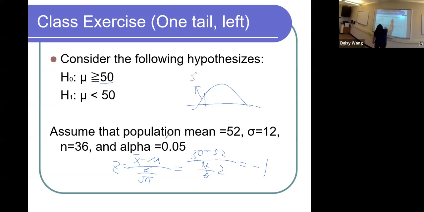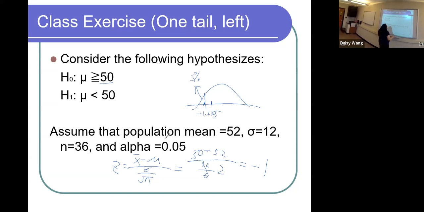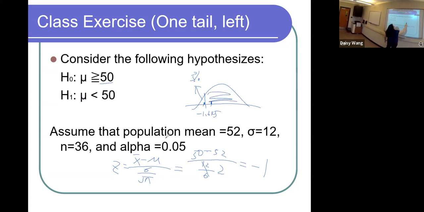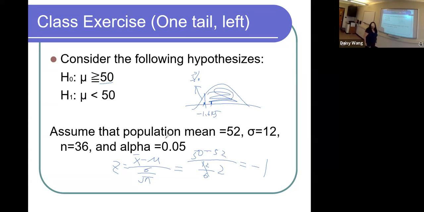Otherwise, so this should be what? -1.6. Right? That's -1. We reject the null hypothesis. And we fail to reject because it's here, in this area, because now this is the one.